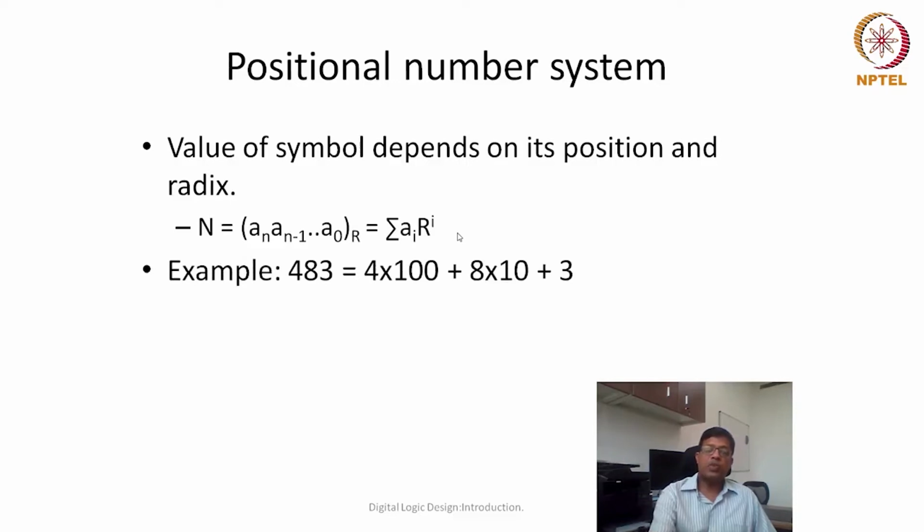So let's say we have 483 as a number. At the units place we have 3, and at the tens place we have 8. So 8 would be multiplied by 10 to the power 1, and 4 would be multiplied by 10 to the power 2. So the radix was 10, or the base was 10.